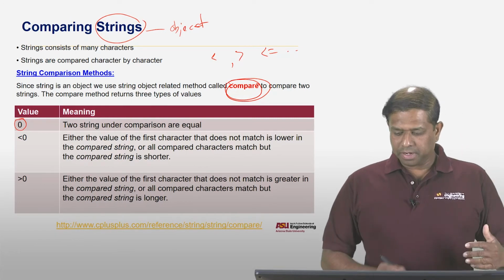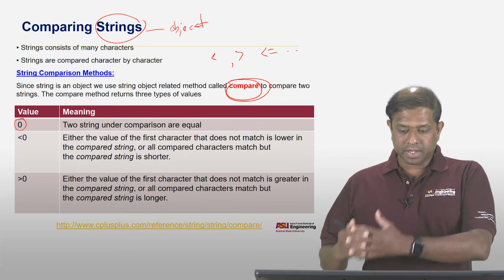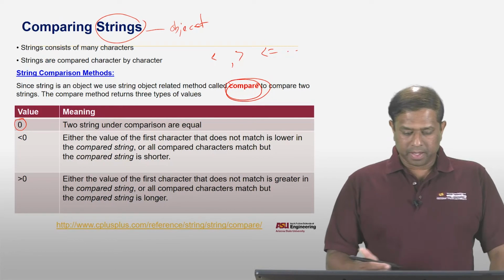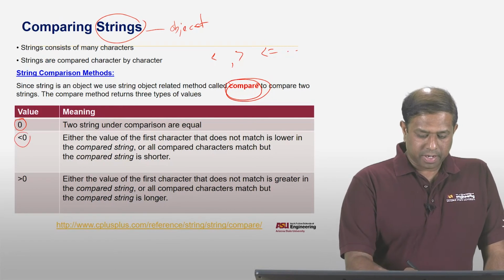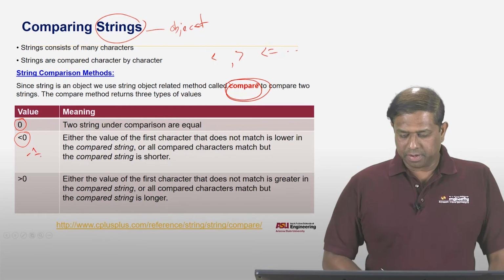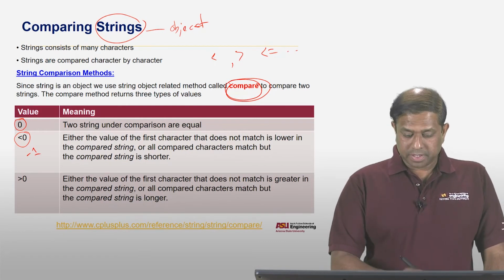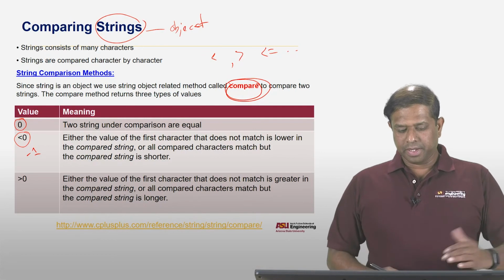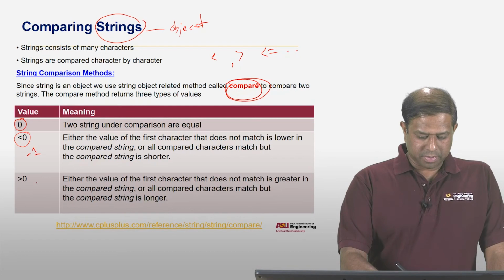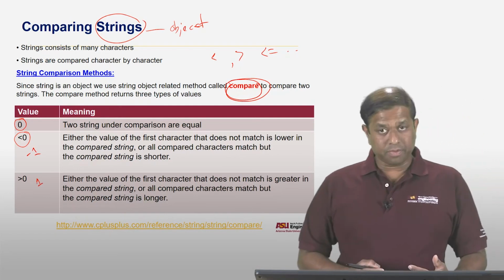If the first string that we are comparing against the second one is lower than the second one, it's going to give me a value less than 0. Usually it is -1. All right. On the other hand, if the first string that we are comparing is greater than the second string, this is going to give me a positive value. Usually it's going to be +1, right?